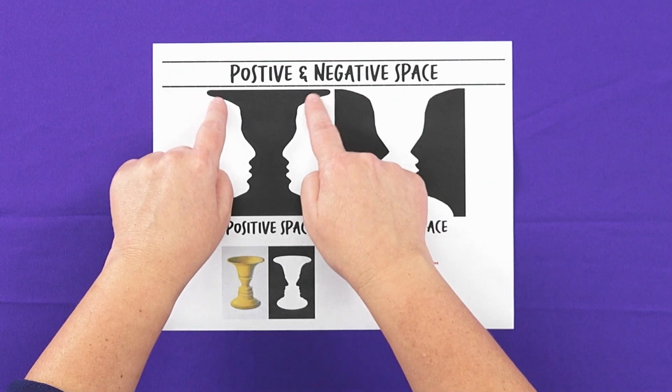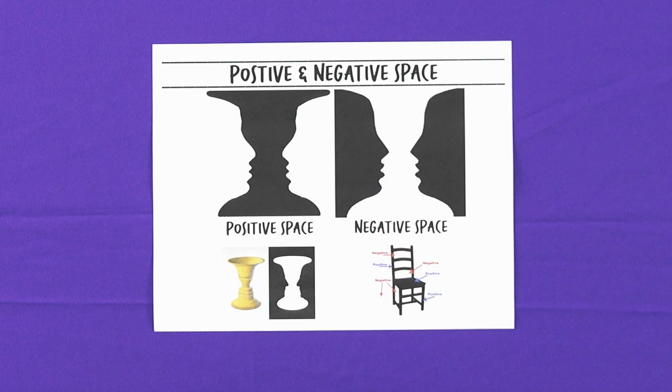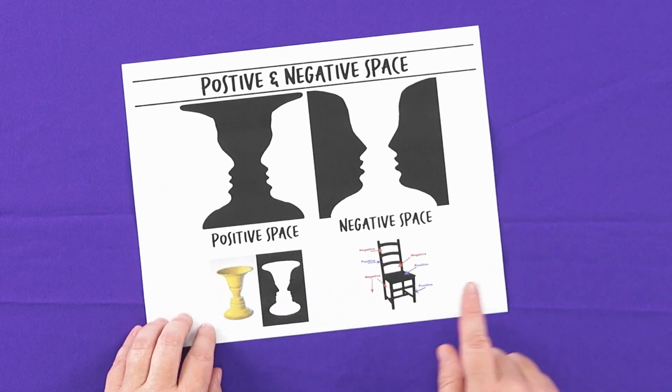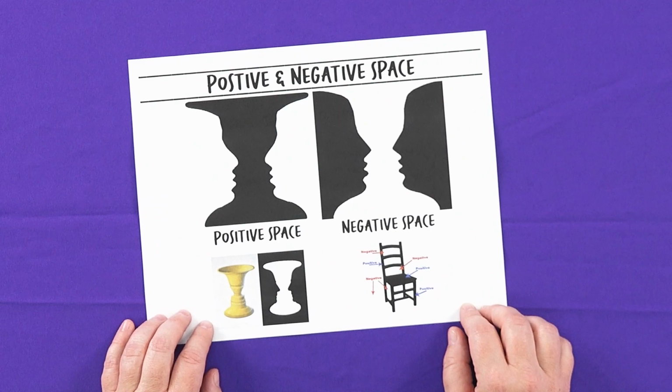Space can also refer to the positive and negative space that is between, around, and within objects. When we are referring to positive space, we are identifying the objects that we recognize, like the faces, or the vases, or the chair in these examples.